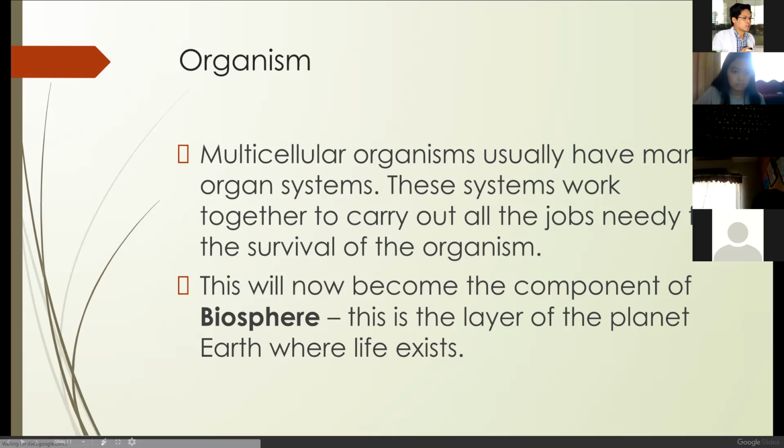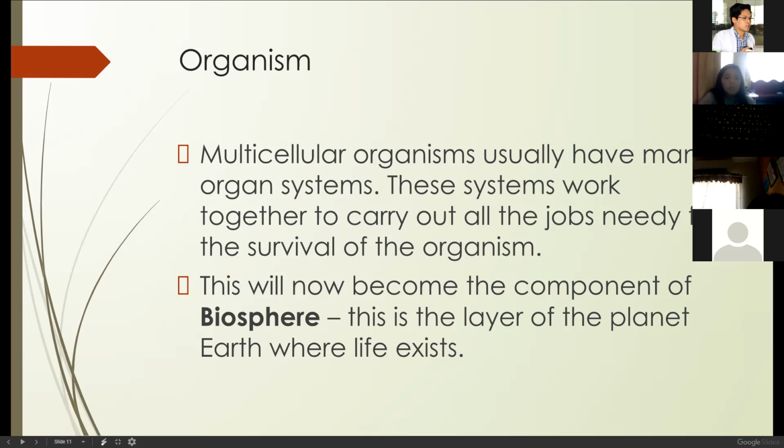Okay. We are composed of different organ systems. That is why we are called an organism, which is composed of different organ systems. These systems work together to carry out all the jobs needed for the survival of an organism. Okay, this will now become a component of what we call the biosphere. Okay, biosphere.